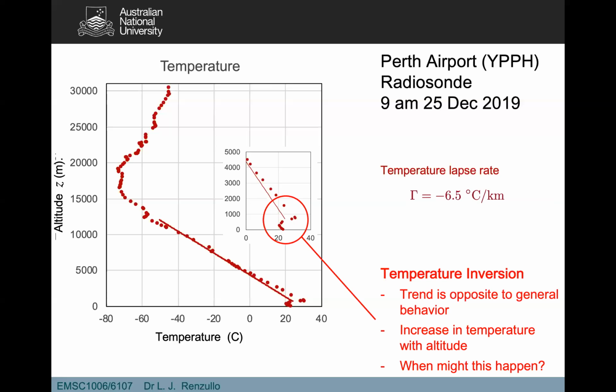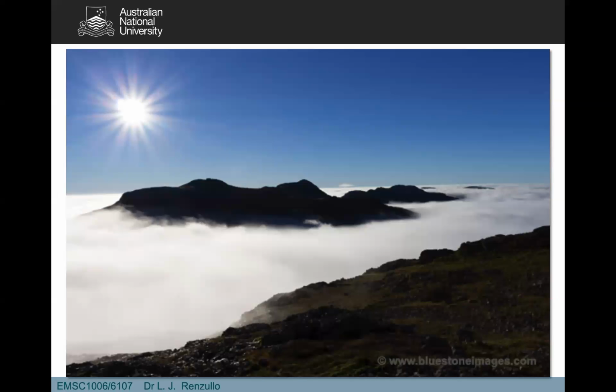The question might be, when does that happen? When do we see an increase in temperature with increase in elevation? And here's an example of those times we see it. In this case, and we'll go into some of the concepts that lead to this formation later on in this lecture, here we have cold air sinking into the valleys between two hills.